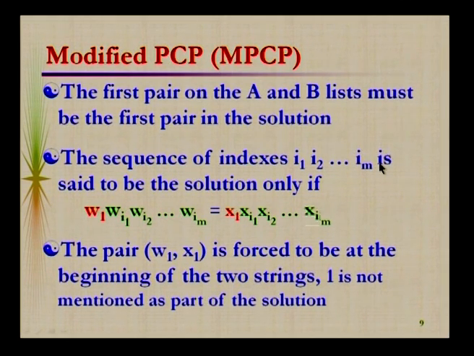Even though 1 is always the prefix for the entire concatenation, we will not include 1 as part of the solution, because it is implicitly required that we must always start the solution with the first corresponding pair, and we account only the sequence of indices other than the first corresponding pair.